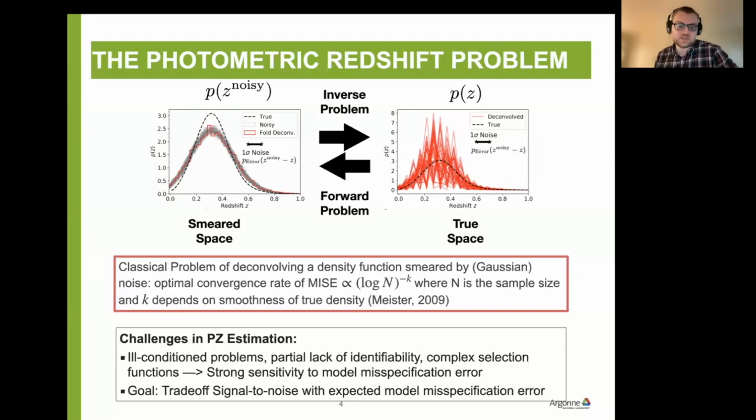So what we are doing in this project is we essentially trade off signal to noise in cluster mass measurements with the expected model misspecification error that we have from, for example, misestimating the spectral energy distribution of galaxies, or having biases in our population inference.